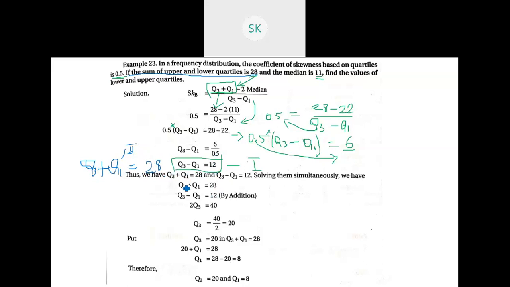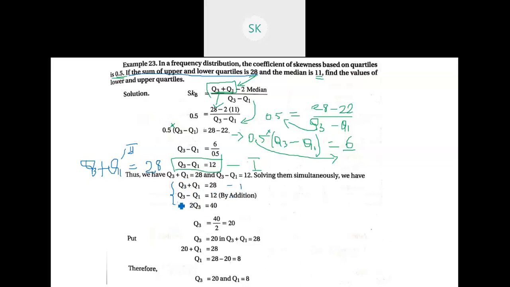Now let us consider both equations and solve them simultaneously. Take the first equation, Q3 plus Q1 is equal to 28, and the second, Q3 minus Q1 is equal to 12.